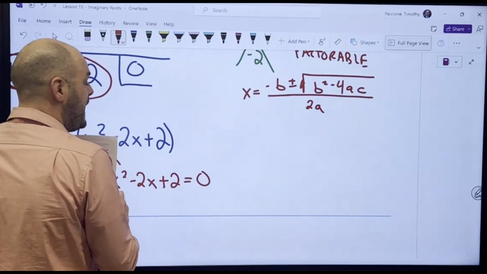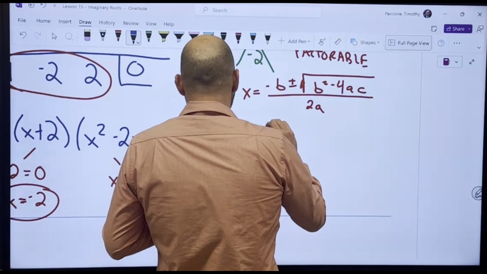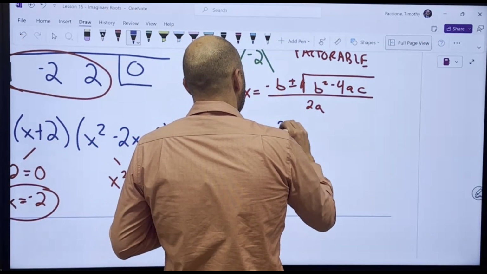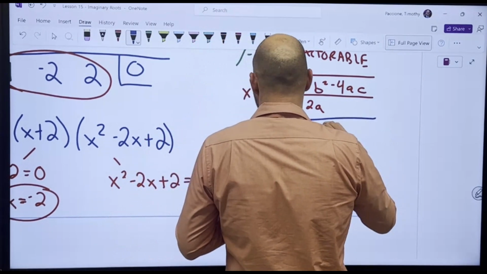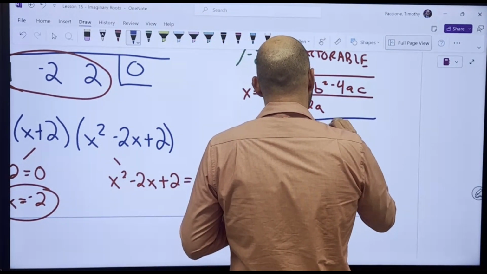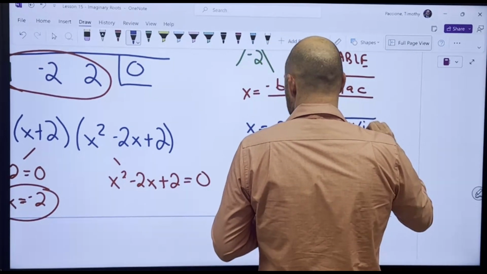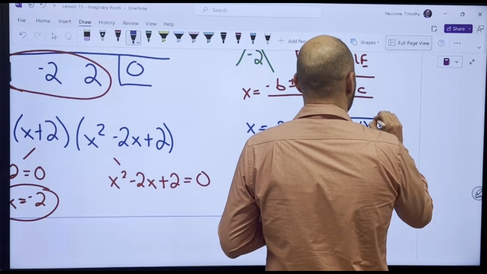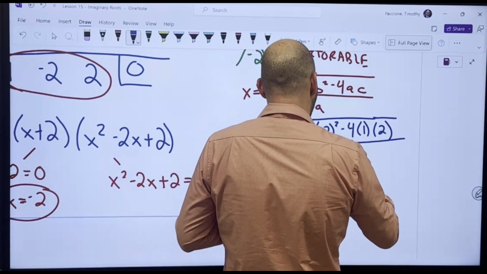So I plug in my a, b, and c, and I see what I get. x equals negative negative 2, so that's 2, plus or minus the square root of negative 2 squared minus 4 times 1 times positive 2, all over 2 times 1.